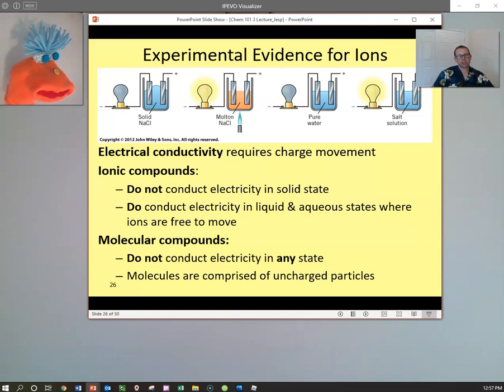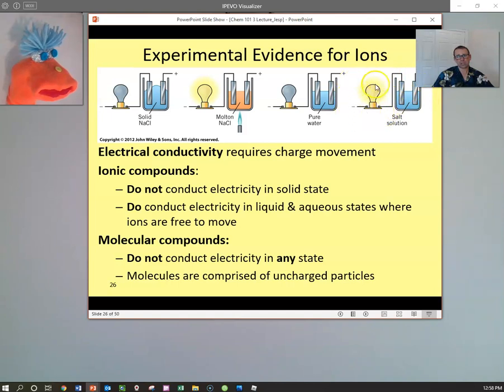Okay? Very good. Now, these ionic compounds make pure water conductive. If you put salt into pure water, like sodium chloride, the solution becomes conductive, and electricity can then pass through it. It's not that the solution makes electricity, it's just allowing electricity to pass through.